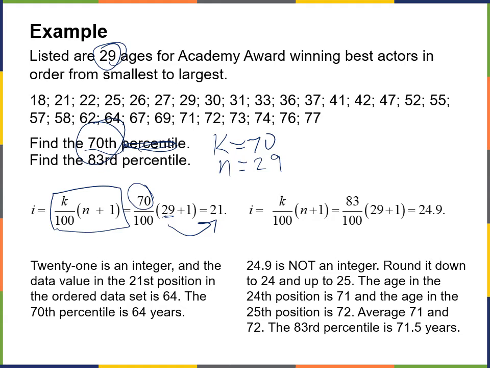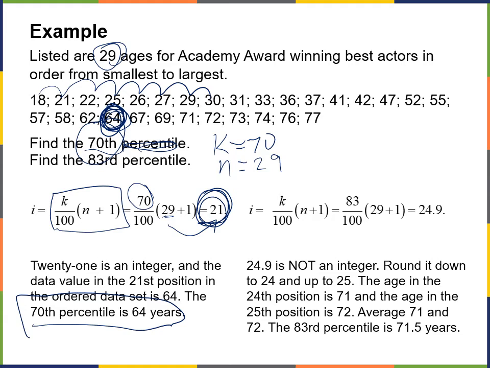So since this is in order, I can count 21 data values in, and I'll get all the way to 64, and that's the 21st data value, and therefore that is my 70th percentile. But the answer we got from this was a whole number. It's not always going to be.